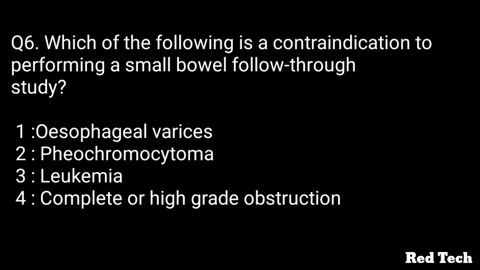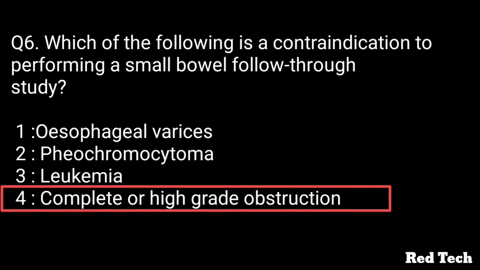Contraindication basically means the instance in which you avoid something. So the right answer will be option number 4, complete or high grade obstruction. When a patient has complete or high grade obstruction, you must not perform a small bowel follow through. This is basically the contraindication of the study.